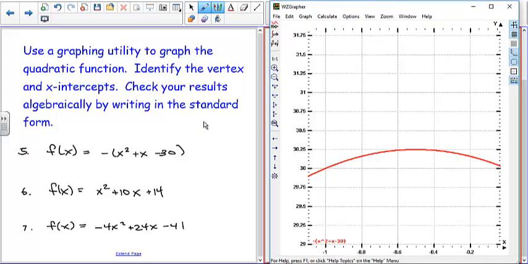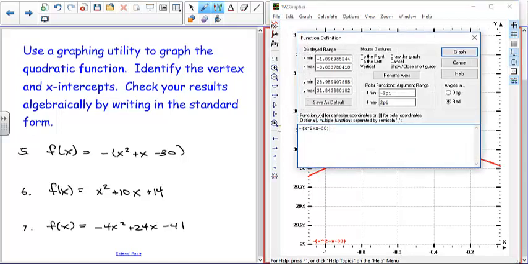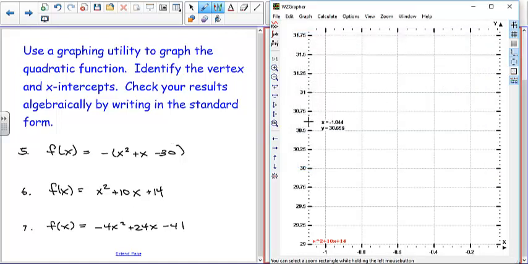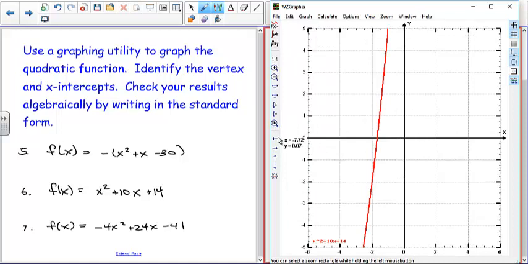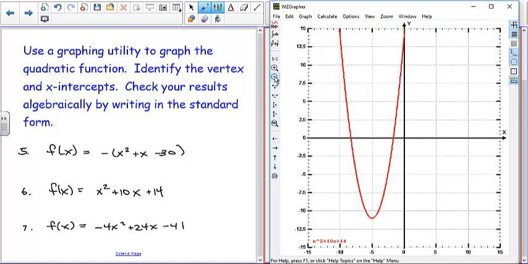Okay. Next thing we're going to do is this one. X squared plus 10x plus 14. And let's go back to standard. I'm going to zoom out. So I'm just going to zoom out in general, and then if we want to, we can shift this thing around.